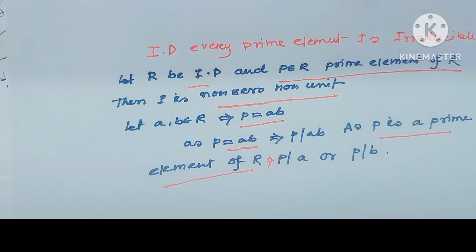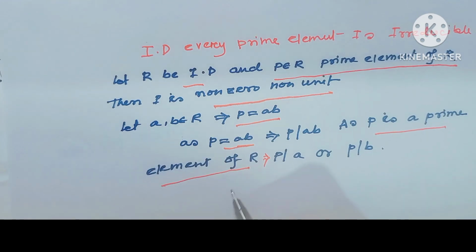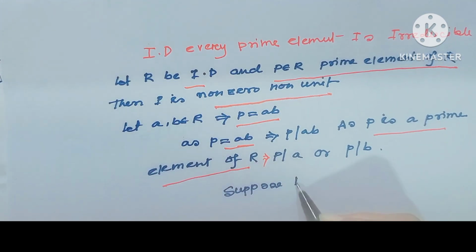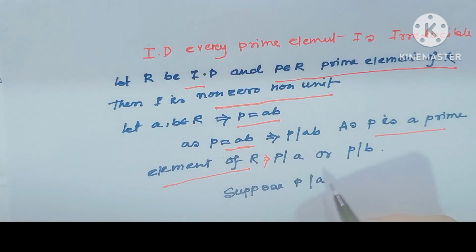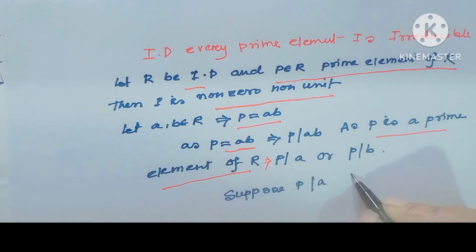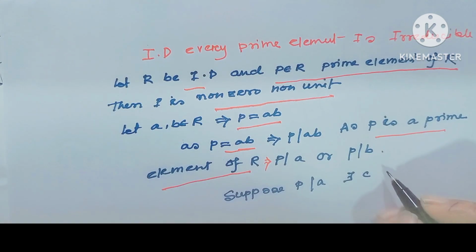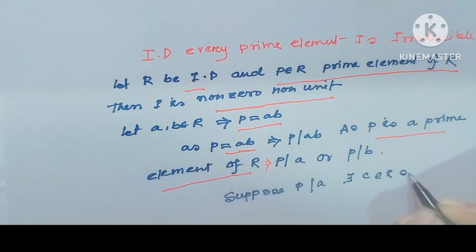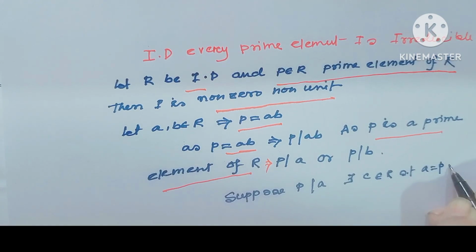Suppose p divides a. Then by definition there exists c belonging to R such that a equals pc.